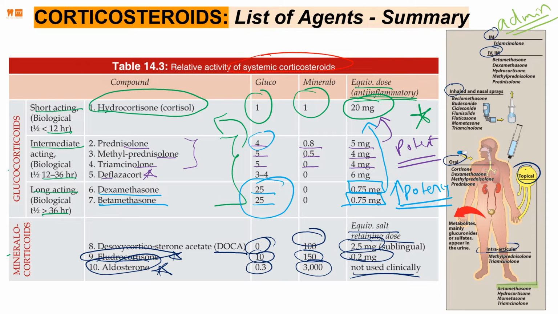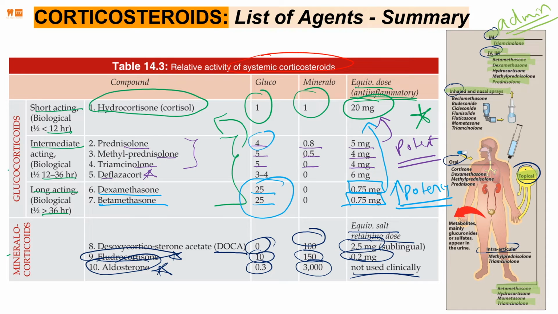Betamethasone, triamcinolone, and hydrocortisone are very common for topical purposes, like allergies, right? Anti-inflammatory, guys. Now everything's linking up. I'm excited to teach this. This is awesome. Intramuscular: triamcinolone as well. IV, IM: betamethasone, dexamethasone, hydrocortisone, and prednisolone as well.